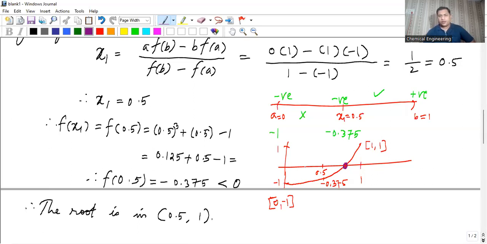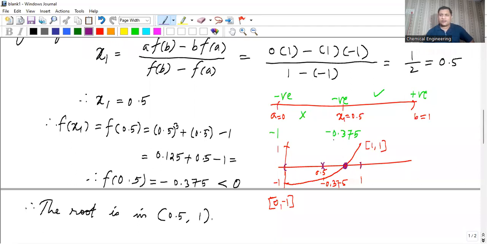Now tell me, in these intervals, 0 to 0.5 and 0.5 to 1, is there any chance that we'll get f of x equal to 0 in the interval 0 to 0.5? No, sir, because both are negative. Both are negative, so there is no chance that it will cross the x-axis.